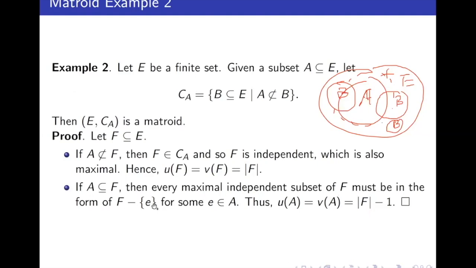Okay, then F minus that element of A will be in CA. So it is maximal because I just get rid of one element. So this is not independent, but by getting rid of one element, it is independent. So that means in this case, U of F is equal to V of F, which is the size of F minus 1. Hence, it is also a matroid.